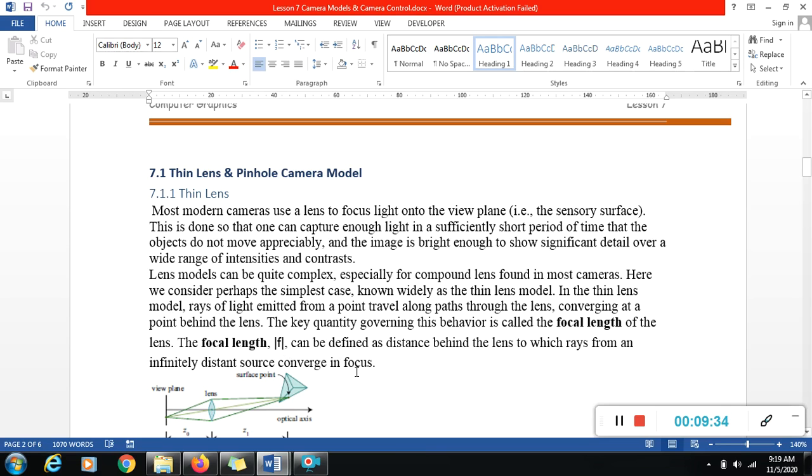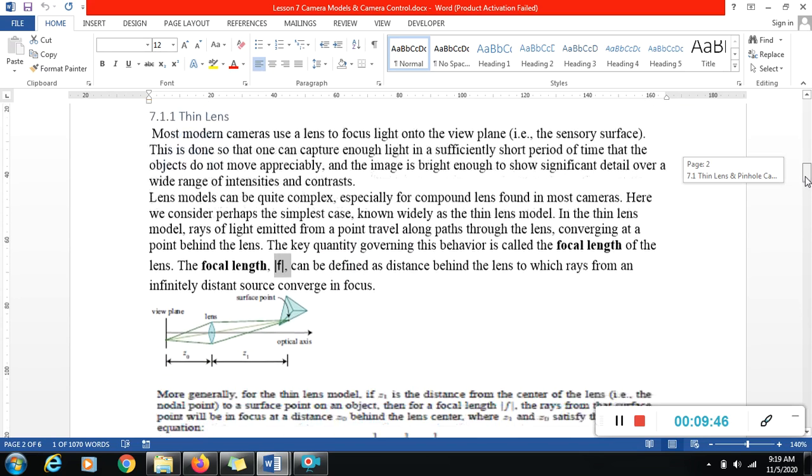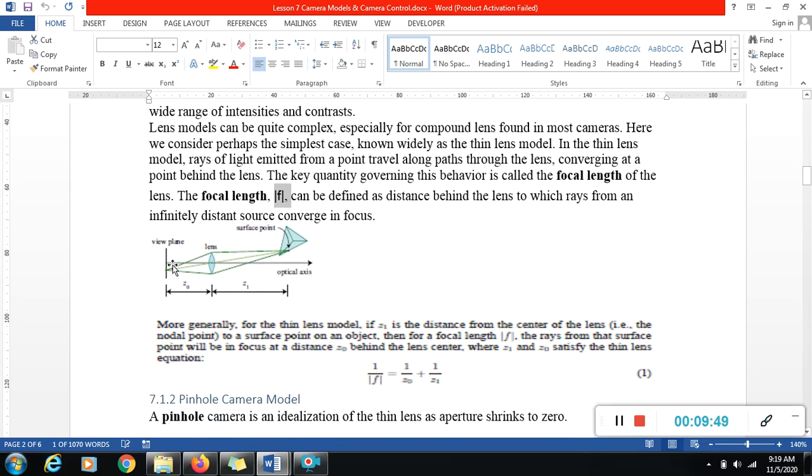The focal length, identified as f, remember, this is borrowed from mathematics, can be defined as the distance behind the lens to which rays from an infinitely distant source converge in focus. Distance behind the lens, this distance here.